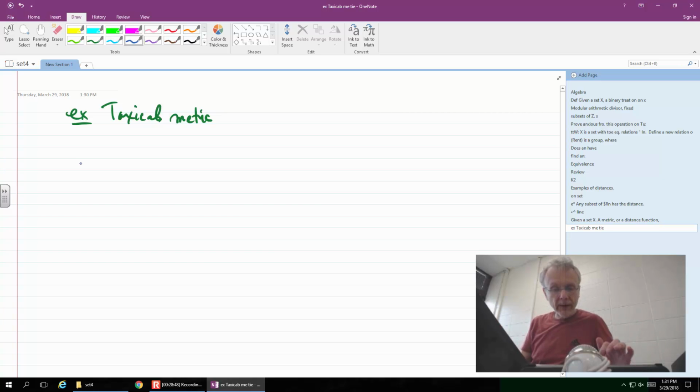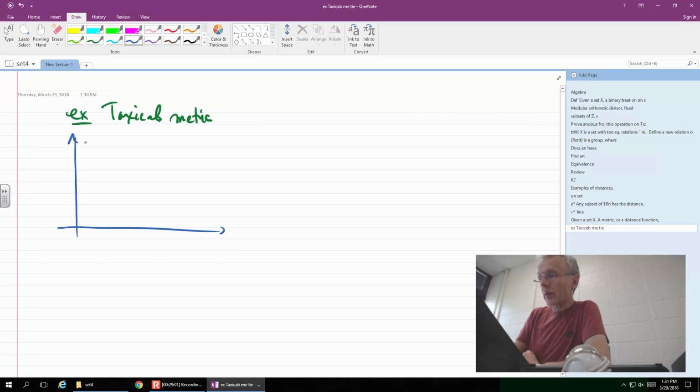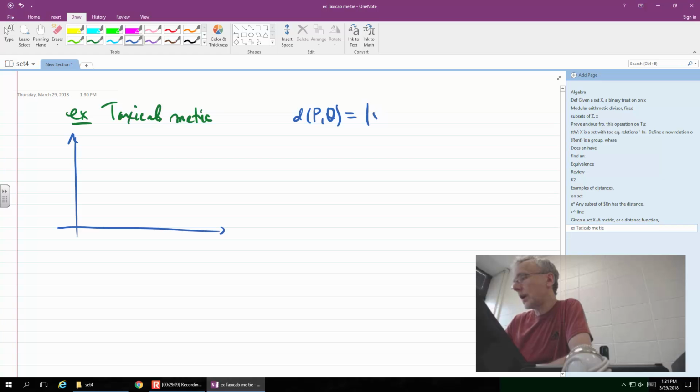So the same plan, the same picture. I just want to start with the first two axioms, then jump to the conclusion. So d(P,Q) is equal to |x prime minus x| plus |y prime minus y|.